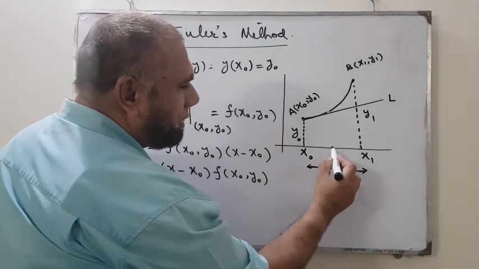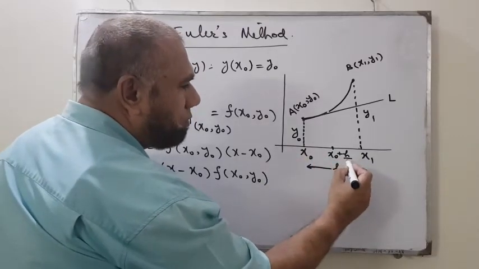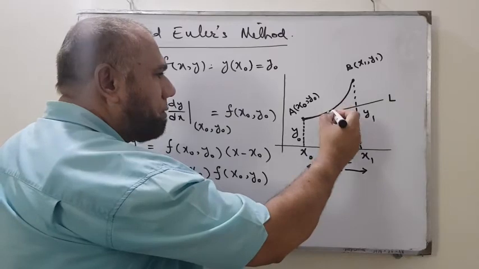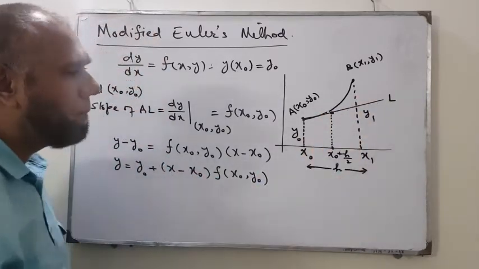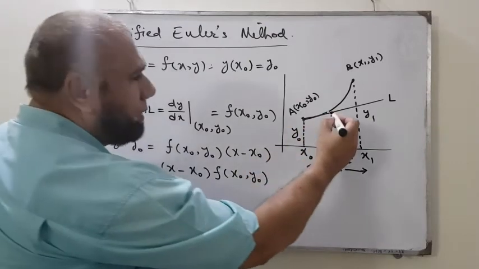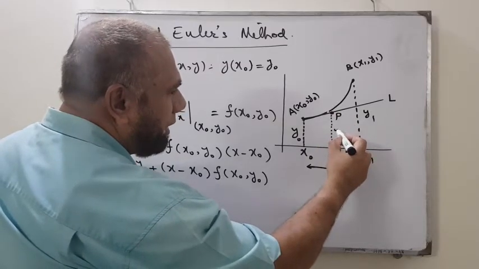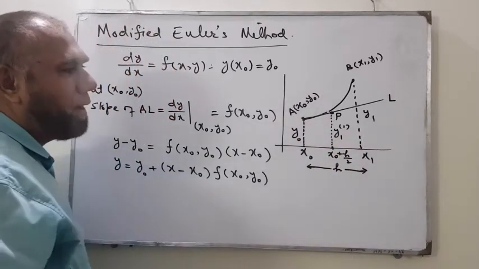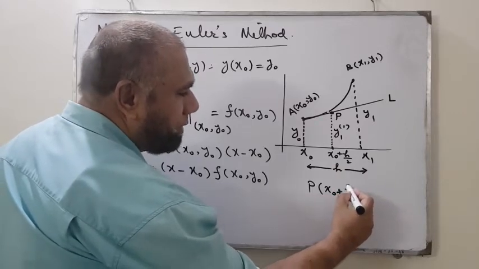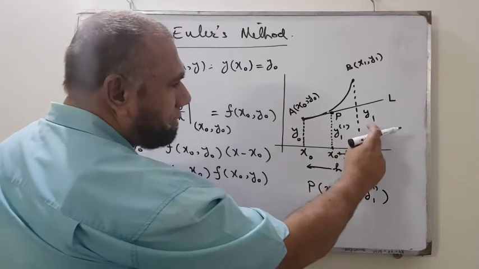If I take the midpoint of this interval, which can be obtained by giving a half increment, h by 2, then corresponding to this midpoint, if I draw a line, it is going to meet AL at a point, which we can call P. If I label the y coordinate as y11, the point P has coordinates x0 plus h by 2 and y11. Of course, this y11 is different from y1.